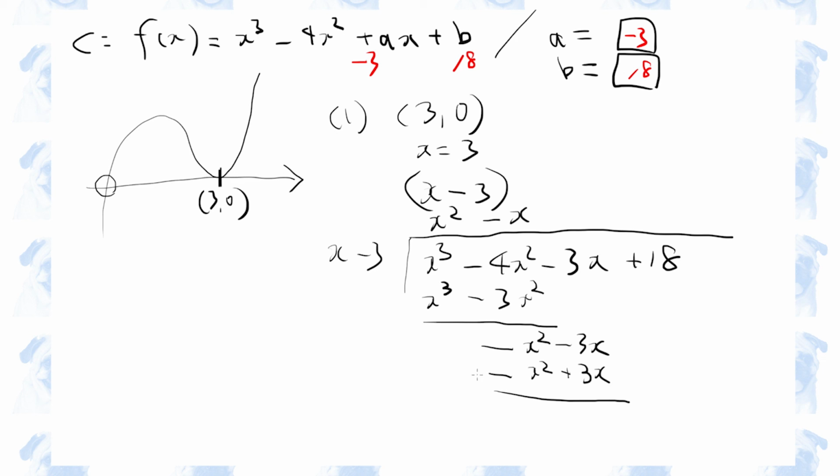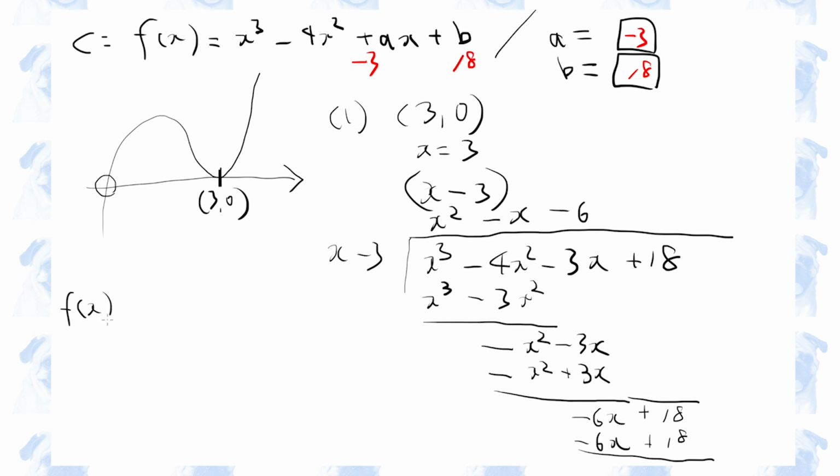Minus x squared minus minus x squared is 0. Minus 3x plus 3x is minus 6x. Minus 6 times x is minus 6x. Minus 6 times minus 3 is plus 18. And done. So this function divided by x minus 3 is x squared minus x minus 6.